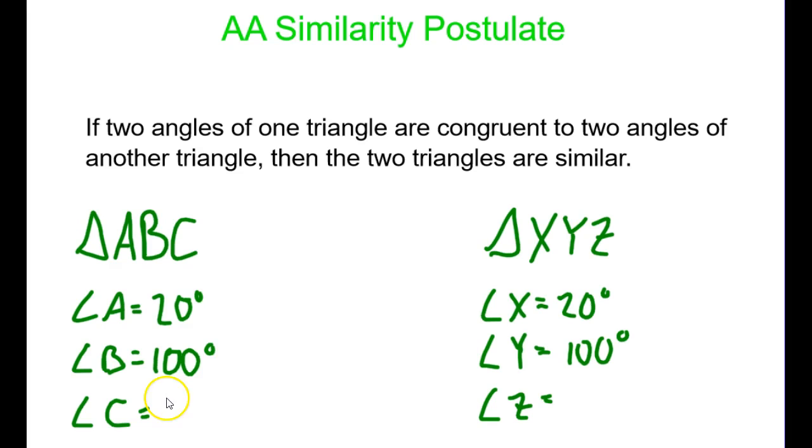Angle C must be 60 degrees, and angle Z must be 60 degrees. So all three pairs of angles are congruent, so these triangles would be similar to each other. We didn't need to know that information about the third angles because of the triangle sum theorem.